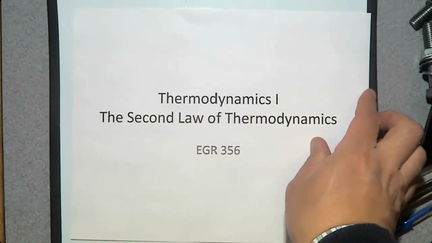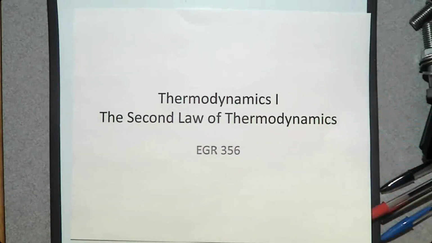Now, chapter 5, the second law of thermodynamics. We studied many open systems, such as nozzle, diffuser, turbine, compressor, and so on. What we are going to do is combine them. We are going to combine, let's say, a heat exchanger, mixing chamber, turbine or compressor, trying to make a cycle.